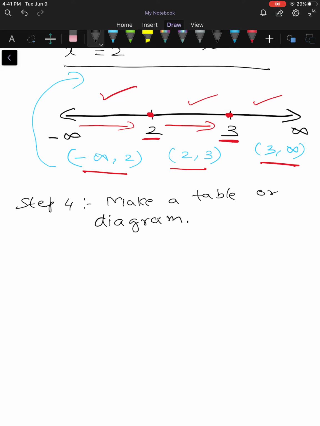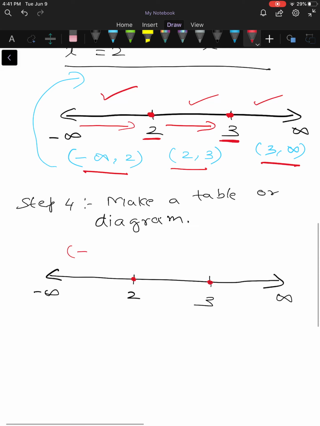So for that you have to establish the real line and divide it into parts as we did in step 3. Okay, so this was negative infinity and infinity, and we were not considering 2 and 3. So we had intervals negative infinity to 2, 2 comma 3, and open interval 3 comma infinity.